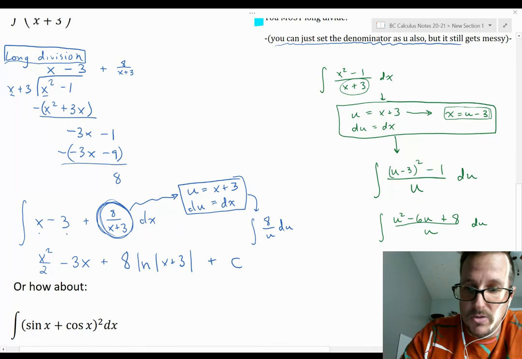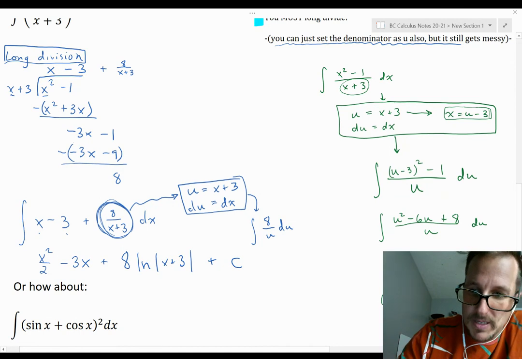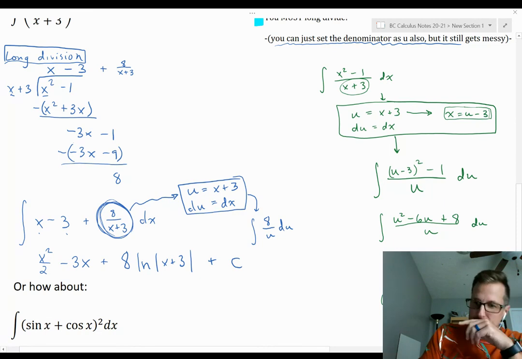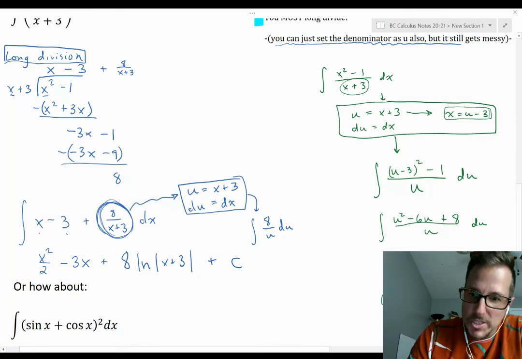That would be u squared over 2 minus 6u plus the 8 times the natural log of the absolute value of u plus a constant, and then sub back in what u was originally. So that was x plus 3 squared over 2 minus 6 times x plus 3, and then 8 times the natural log of the absolute value of x plus 3 plus c. Now, here's just a different version of the same answer.